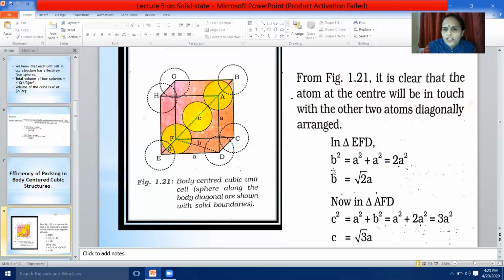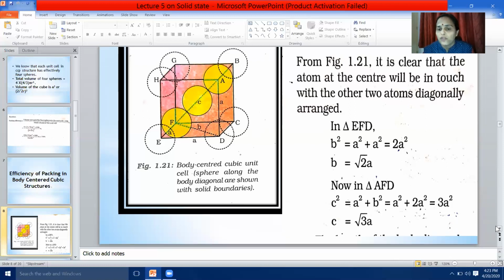We calculated the value of b square above as 2a square, so we substitute it here. c square comes out to be a square plus 2a square, which is equal to 3a square. So c square equals 3a square, or c equals root 3 a.